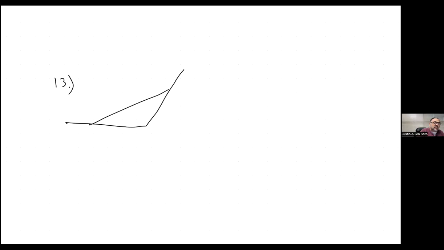They said this angle is 42 degrees. This angle is 26 degrees. They want to know the measure of this angle. So all we have to do to find this angle, because these are all three interior angles of this triangle, is remember the sum of all the angles of a triangle is equal to 180 degrees. So if we know 42 and 26, we just add those together.